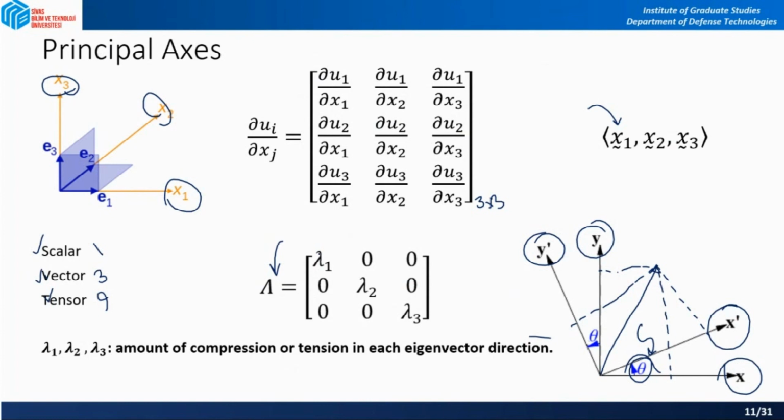There are only diagonal components, lambda 1, lambda 2, and lambda 3. These are called normal stresses, which are either compression or tension. And how much is this compression or tension? Those values are your eigenvalues along each eigenvector direction.